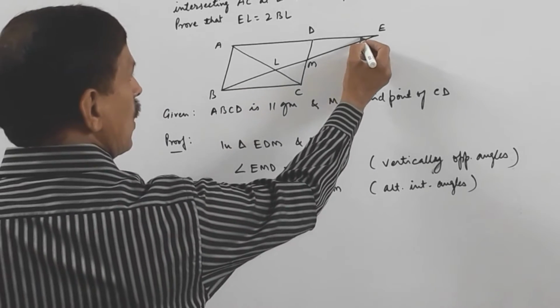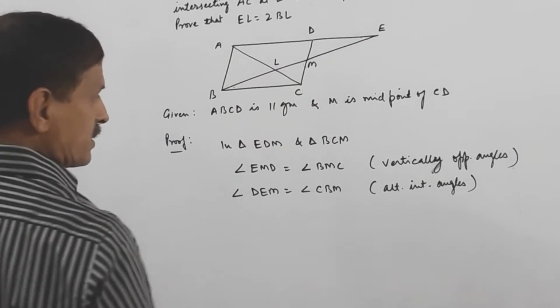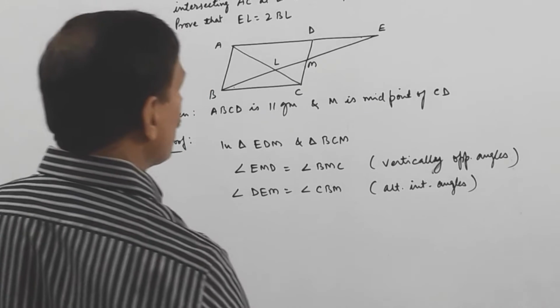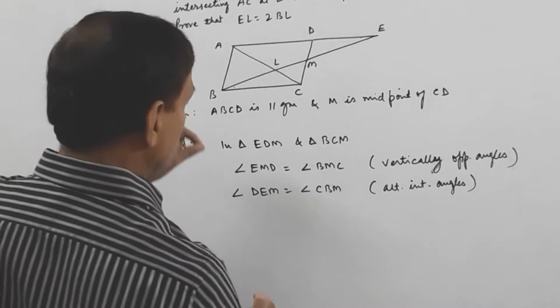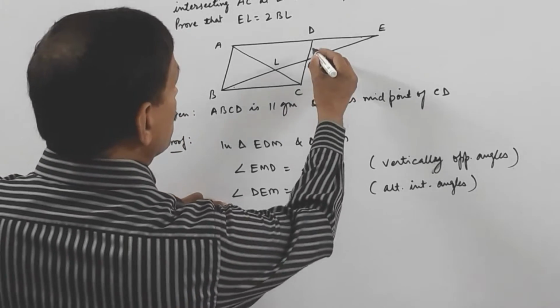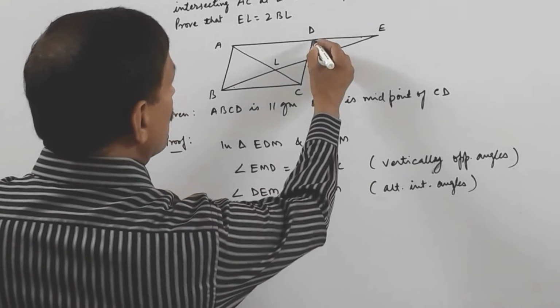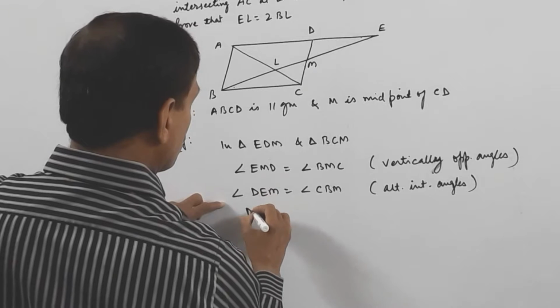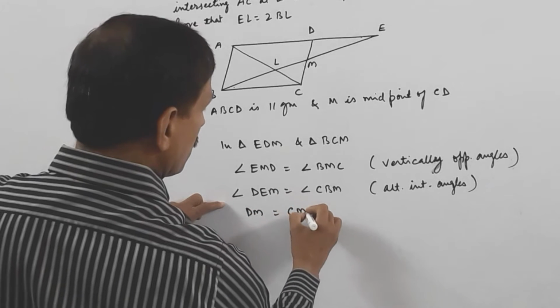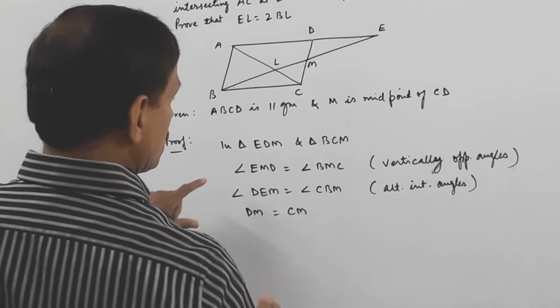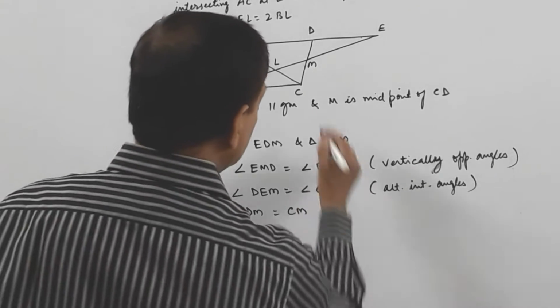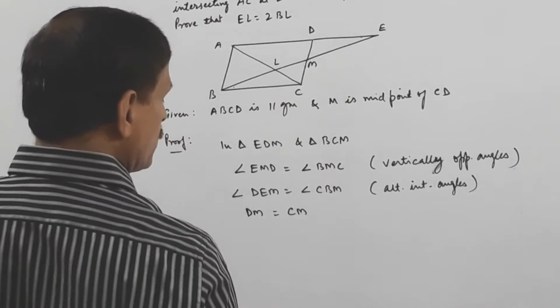So these are the alternate interior angles. And also side DM is equal to CM, because M is the midpoint, so DM is equal to CM.